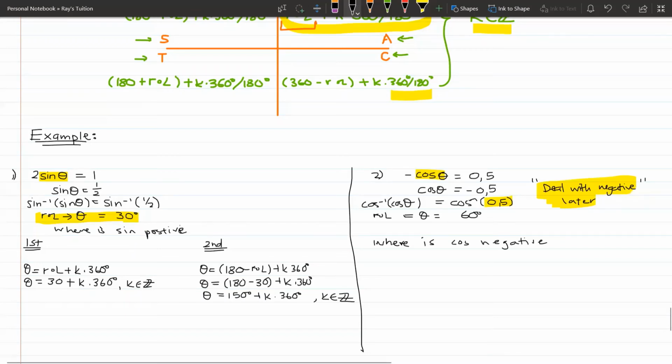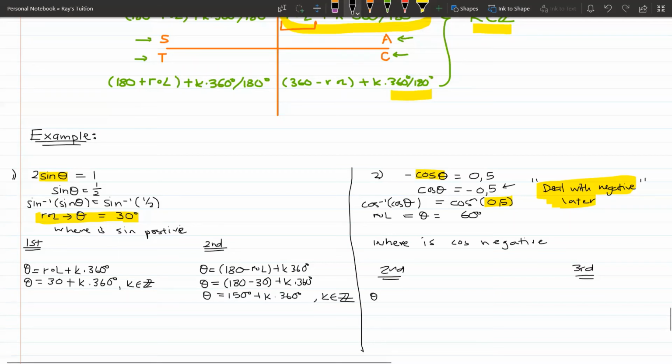So here we're asking ourselves, where is cos negative, because cos was negative and we're dealing with it now. So cos is negative in the second and third quadrant, because it's positive in the fourth and first, so that means in the second and third it is negative.